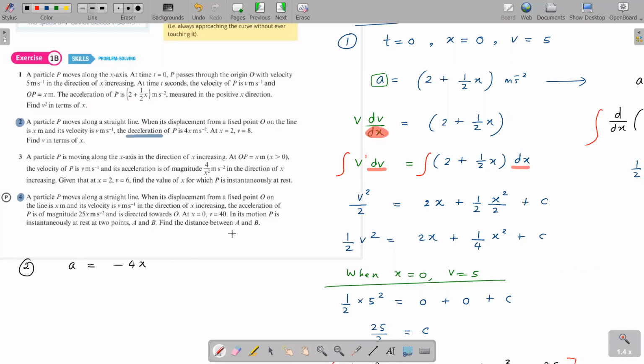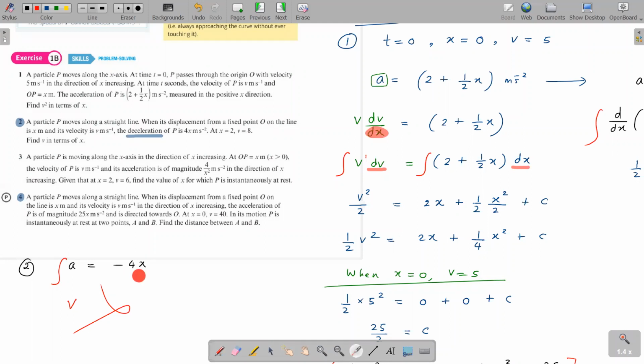So once again, I need to emphasize: in the first part of the lesson, we learned that when you integrate acceleration, you get velocity. So are you going to just directly integrate acceleration and put velocity like that here? Definitely no, this is wrong. We don't integrate acceleration and directly put velocity. That is correct if it is with respect to time. That will not work when acceleration is with respect to displacement.